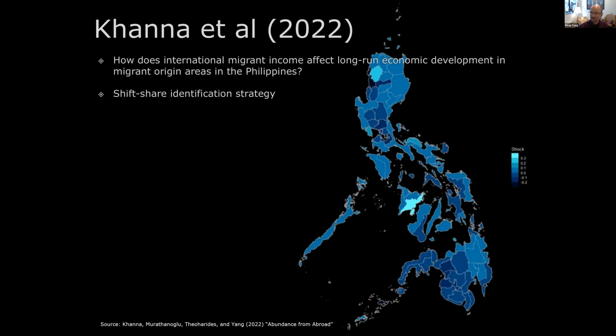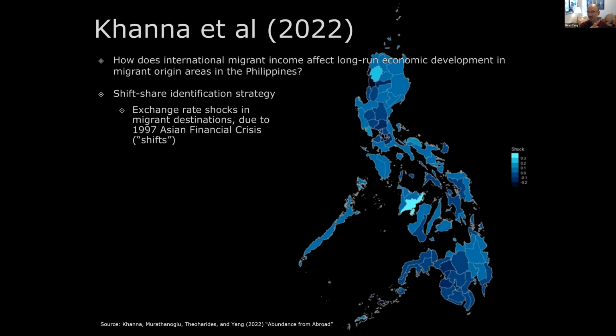And this map here shows the variation in the shift share variable that we're exploiting across 74 provinces in the Philippines. Lighter colors are quote unquote more positive shocks. As in any shift share, we need a shift and we need a share. So the shifts in this case are these very same exchange rate shocks that I talked about earlier that I analyzed in an earlier paper.